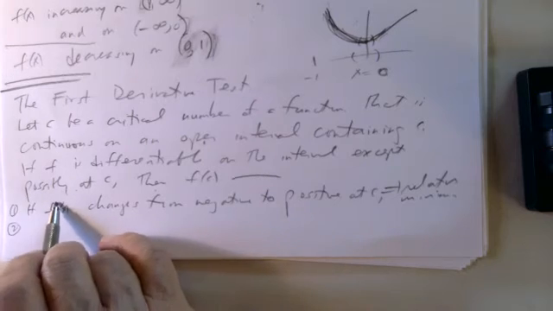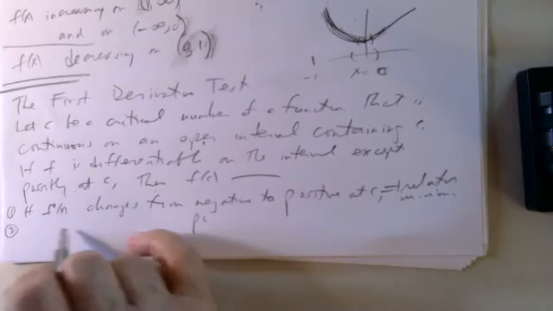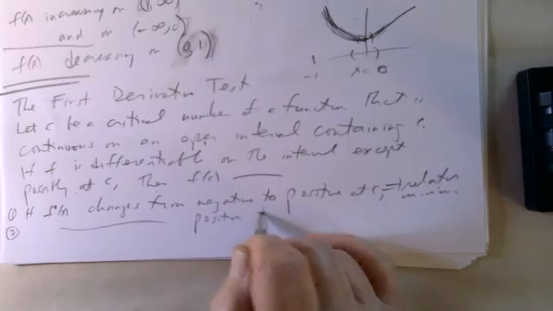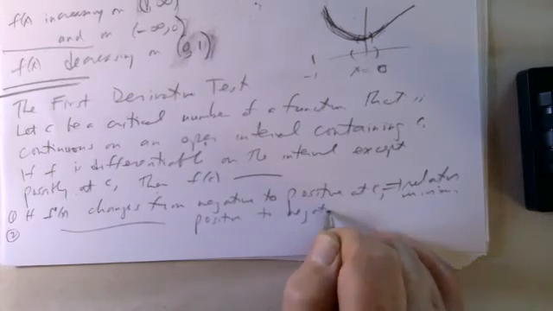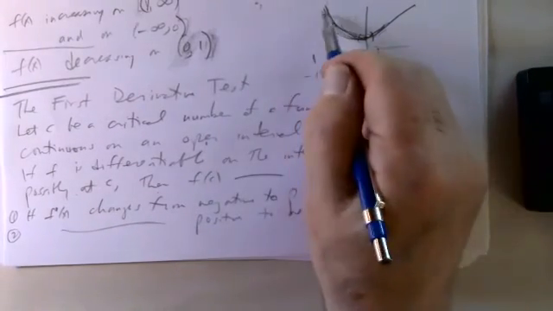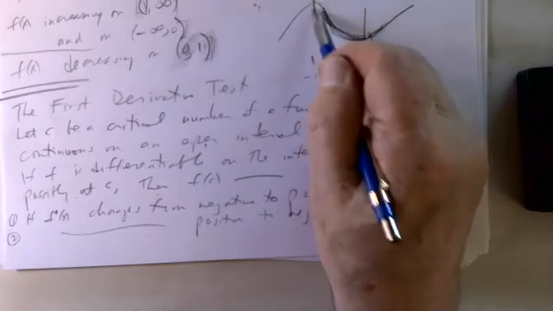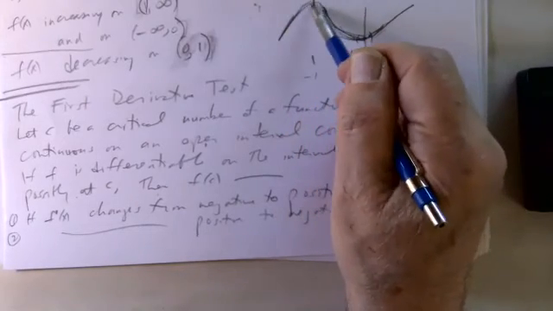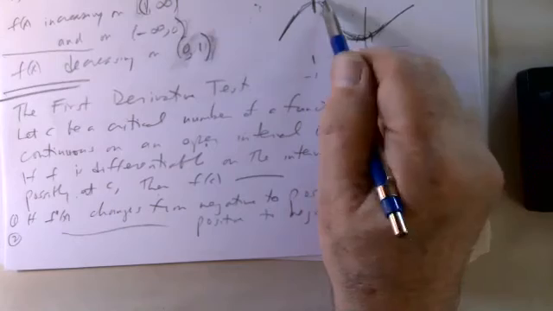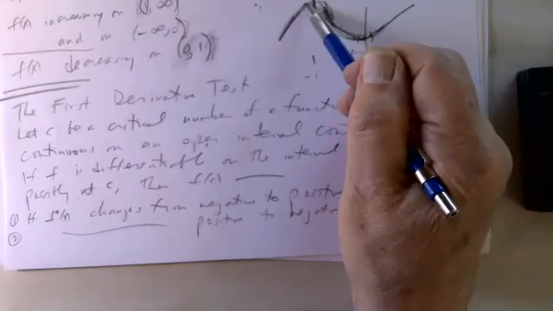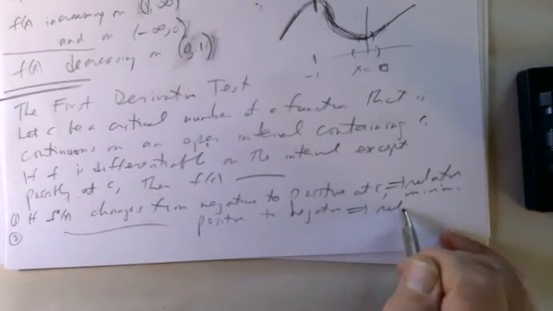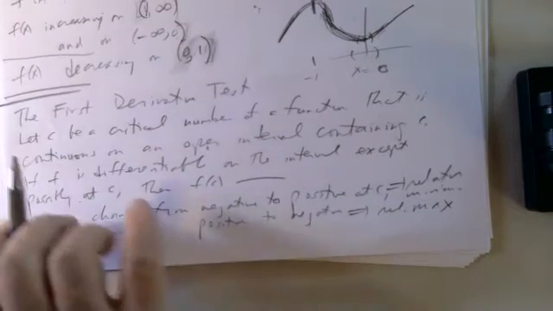If the derivative changes from positive to negative at the point c, here's a point. To the left of this point the derivative is positive, to the right it's negative. This means the function is going up and then it's coming down. So you have a relative maximum.